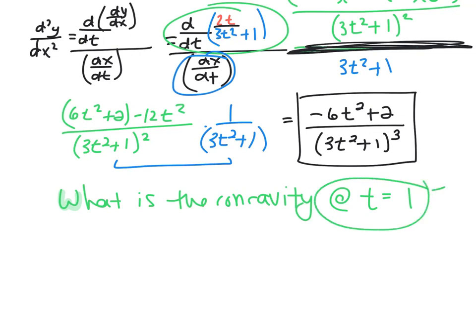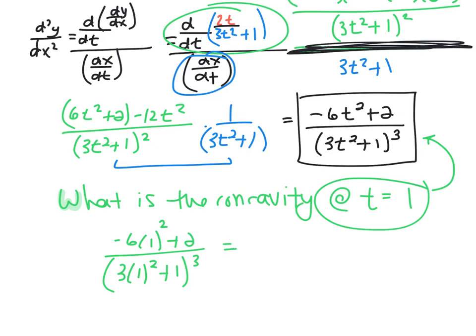So I could plug that in here. I'd get negative 6 times 1 squared plus 2 over the bottom. On top we get negative 6 plus 2, which is negative 4, and on the bottom we get 4 to the third, which is 64. So this reduces to negative 1 over 16. I don't even really need to reduce it.